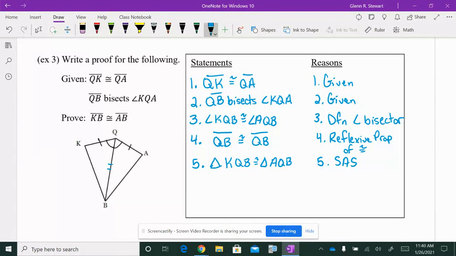Since we've proven the triangle is congruent, any other congruencies based on side or angle would be CPCTC. So we can cut right to our last statement. KB is congruent to AB using corresponding parts of congruent triangles are congruent.